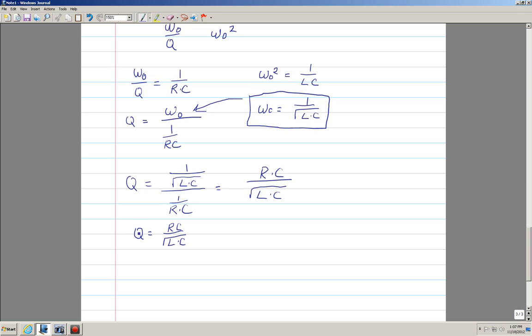This equation is great because it tells you there are three conditions. If you plug in the numbers and you have a Q of one half, if it's equal, then it's called critical damping.